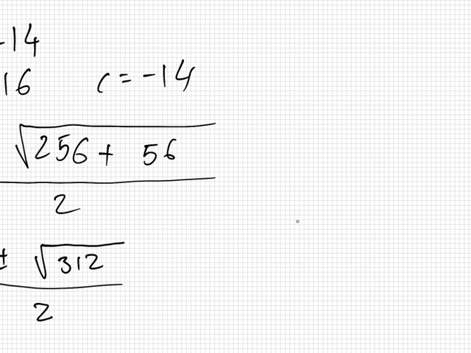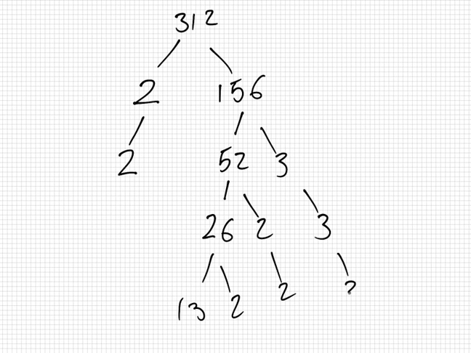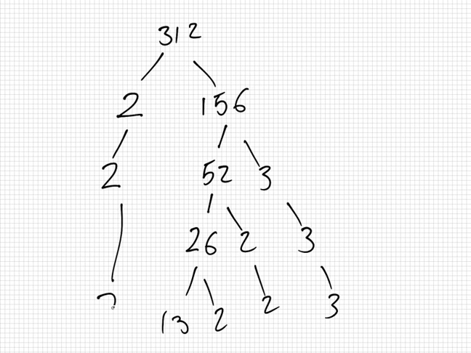So the 312, I need to simplify it over here. So 312, 2 and 156. And 52 by 3. 26 by 2. Okay, and then this is 13 by 2. And there's a 2, and there's a 3, and there's a 2.